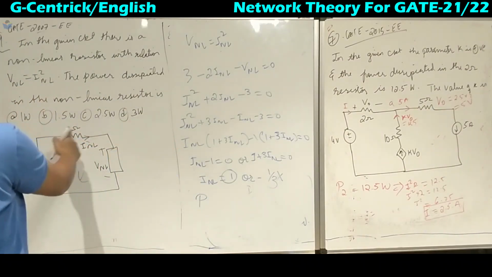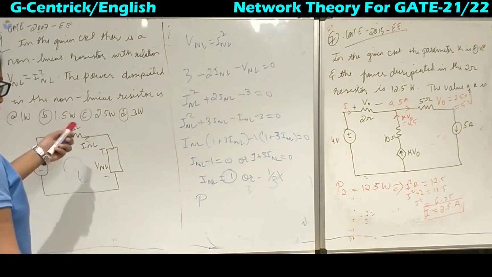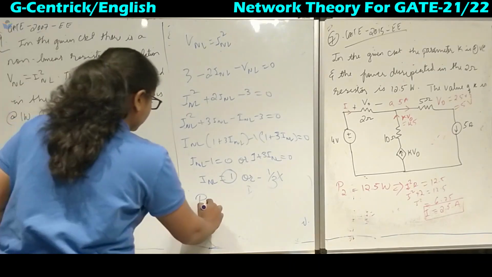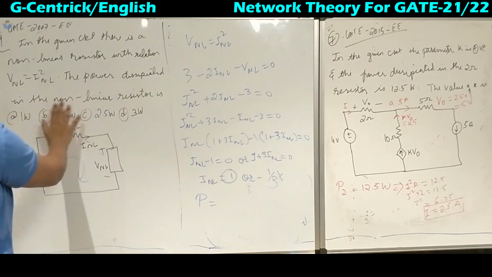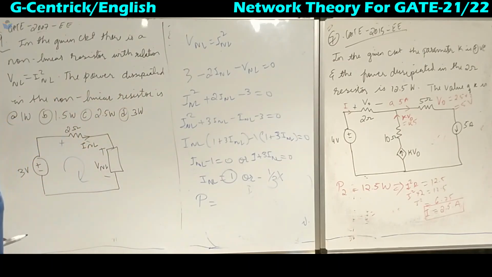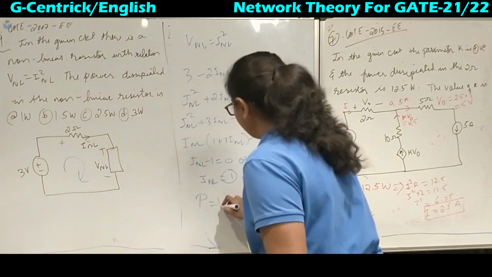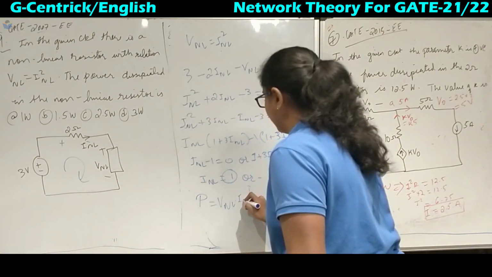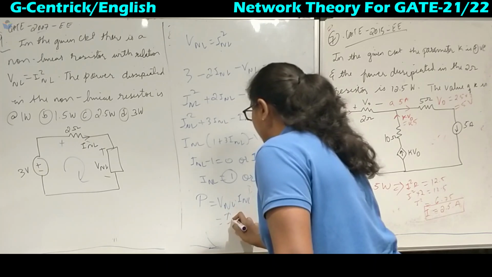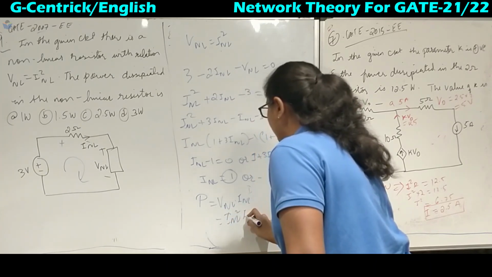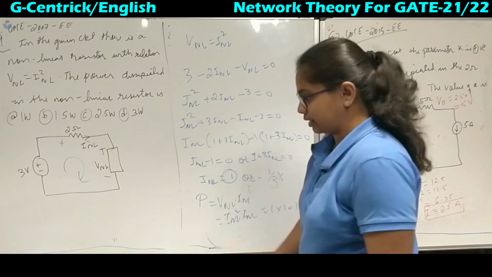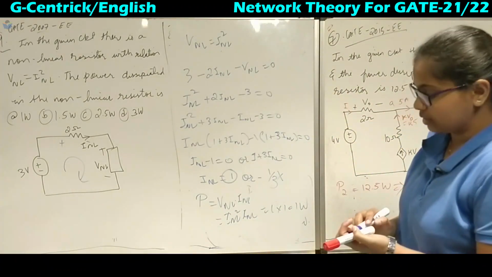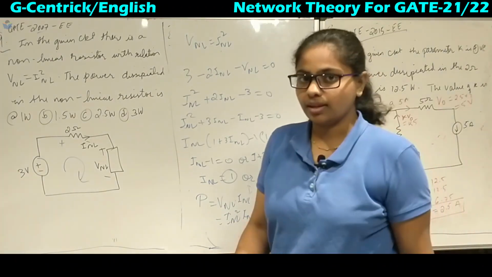Once we have got INL, the same amount of current will flow through the whole circuit. Now we have to find the power dissipated in the non-linear resistor, so P is VNL into INL. This is nothing but INL square into INL, which is equal to 1 into 1, that is 1 watt. This is the question which was asked in 2007.